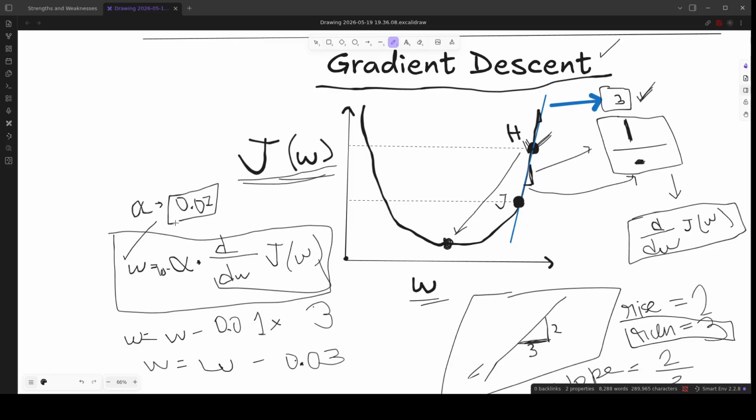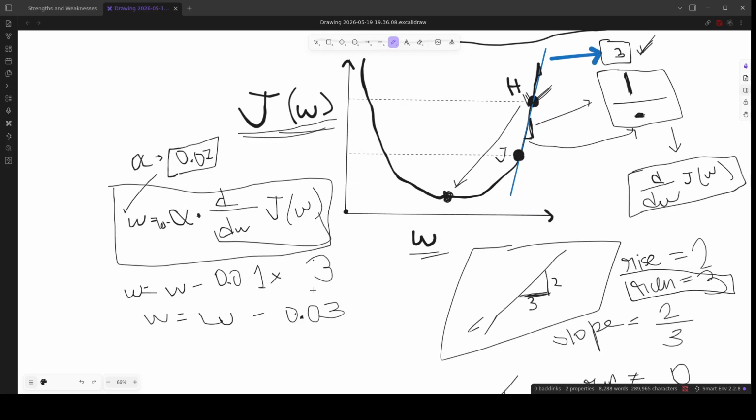It's a constant which we fix, a parameter, times the derivative of the cost function at that point, W. So, if we try a concrete example, the derivative is 3. So, W will be equal to W minus 0.01, which we take to be alpha, times 3. So, W is equal to W minus 0.03.